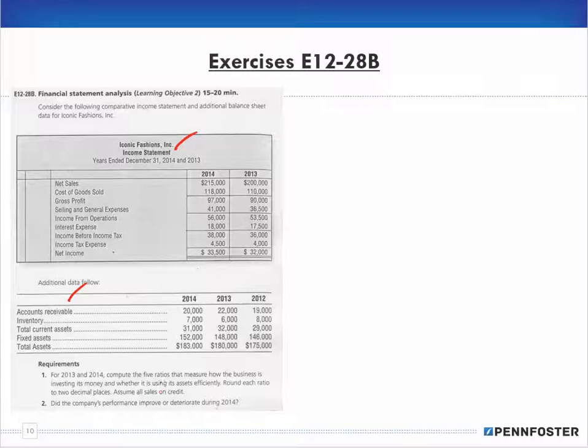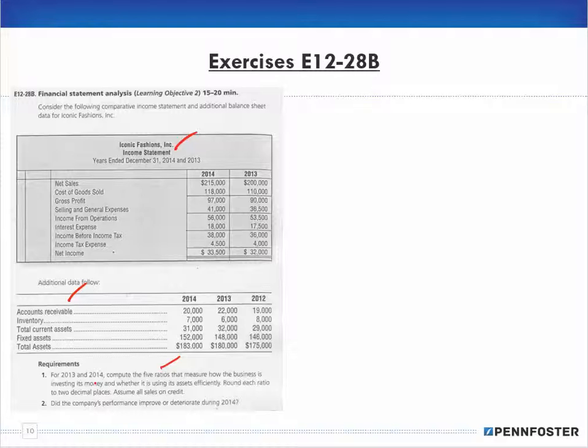And so the first thing here is it says compute the 5 ratios that measure how the business is investing its money. Those are one of the key questions, the 5 key questions that were discussed in the chapter. Go back and watch the theory videos to see what those 5 questions are.